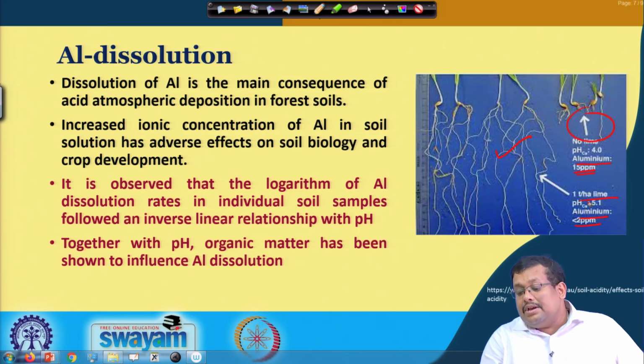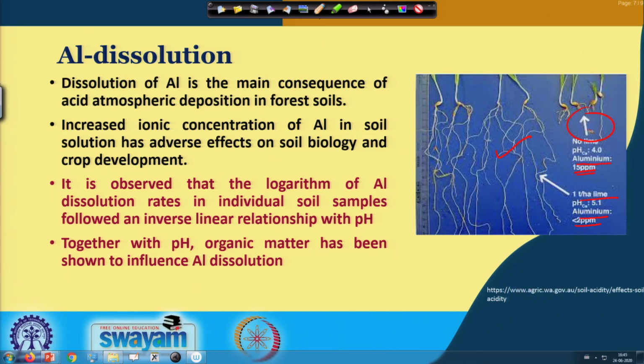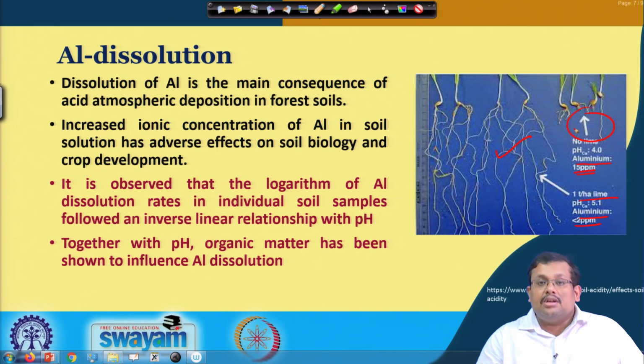So, obviously, when we add lime to neutralize the acidity, we can see normal growth of the roots. However, when there is no application of lime, the concentration of aluminum increases, which adversely affects the root growth, which you can see in this picture.